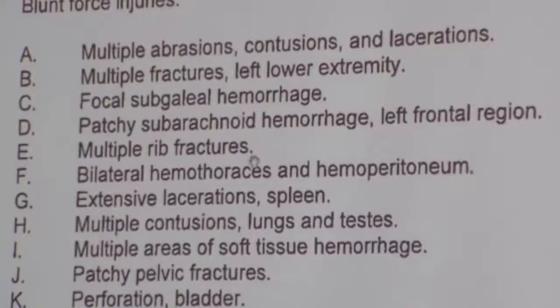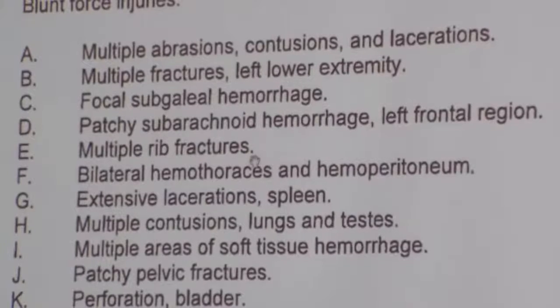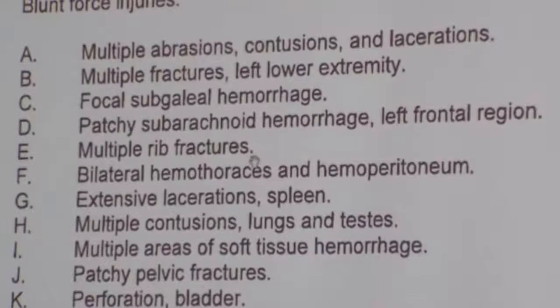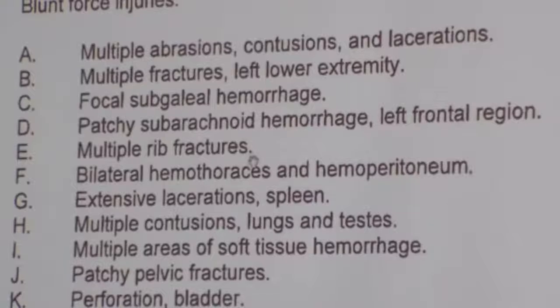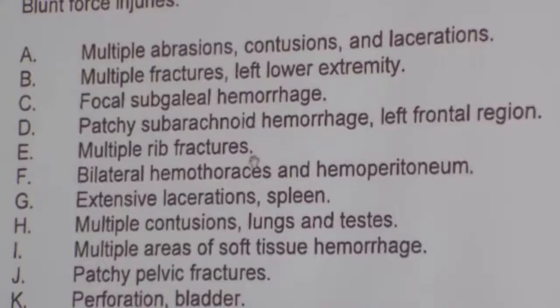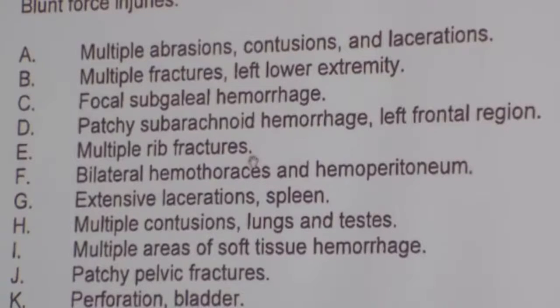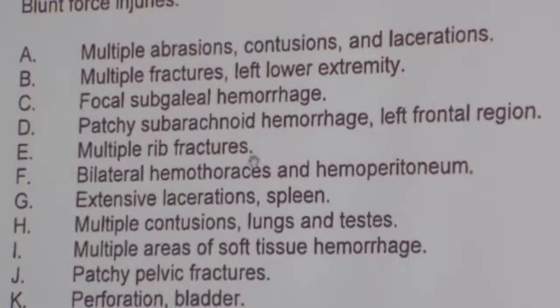From outside, you can see fractures, especially on the left lower extremity, basically meaning the left leg had multiple fractures. And then going inside, focal subgaleal hemorrhage. Keep in mind, on the head there are several layers. The first layer is the skin, on the head called the scalp. So focal subgaleal hemorrhage means there's bleeding under the skin of the head.